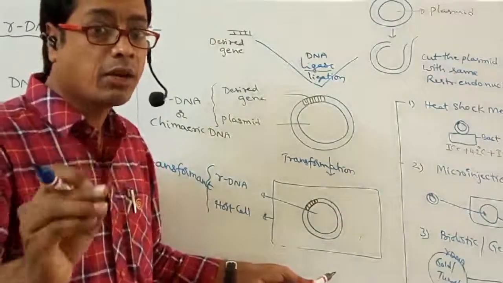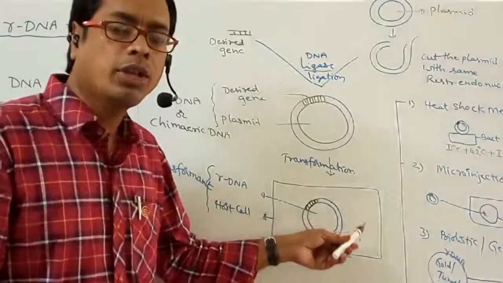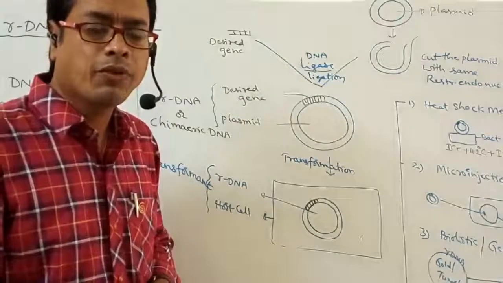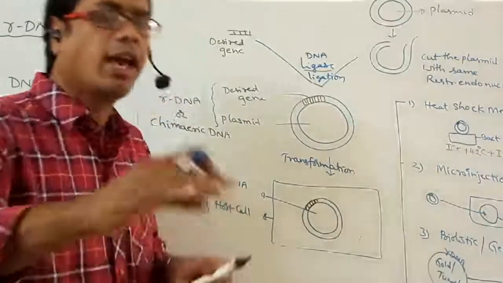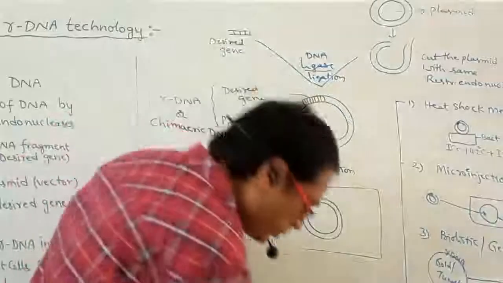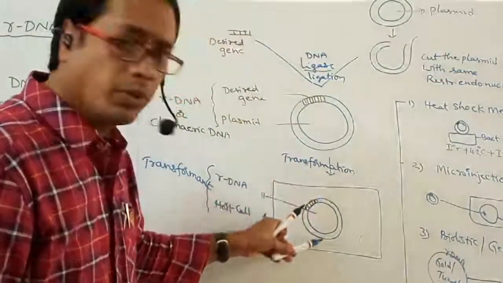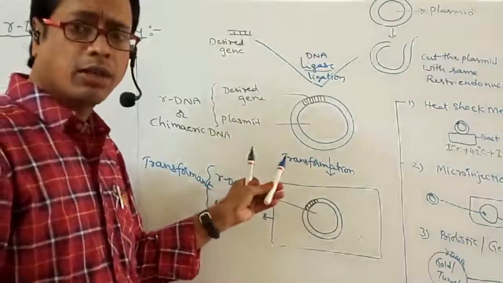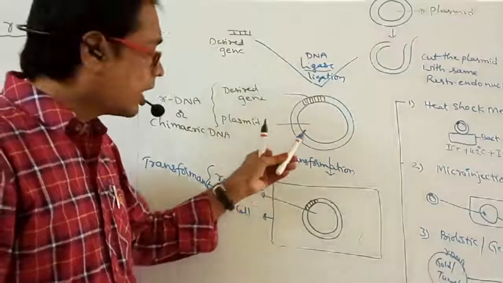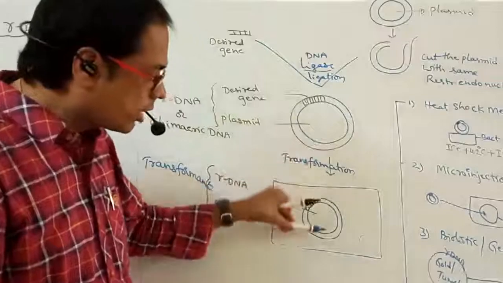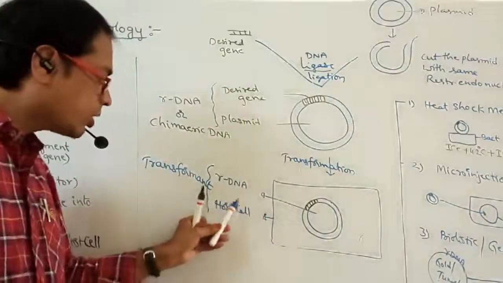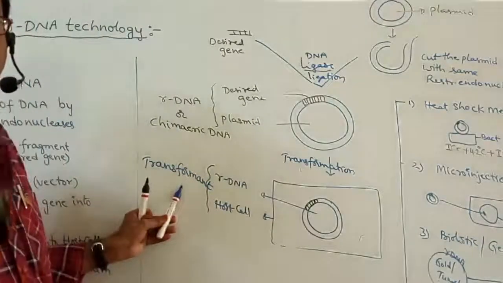If it is an animal cell, microinjection. Disarmed pathogen vectors are applicable for both plant cells and animal cells. Okay? Right. So whatever the process may be, the rDNA enters into the host cell by a process called transformation. The host cell with rDNA is called a transformant.